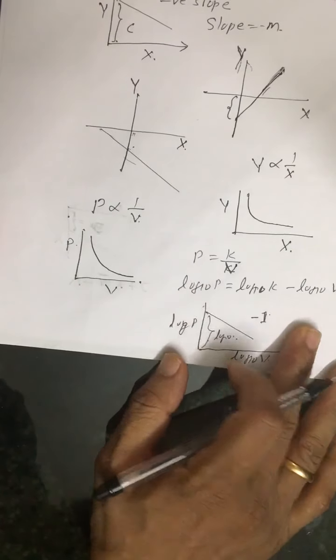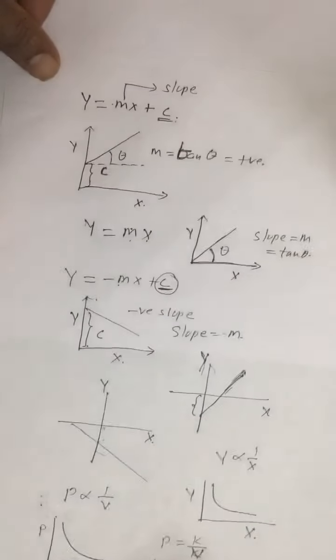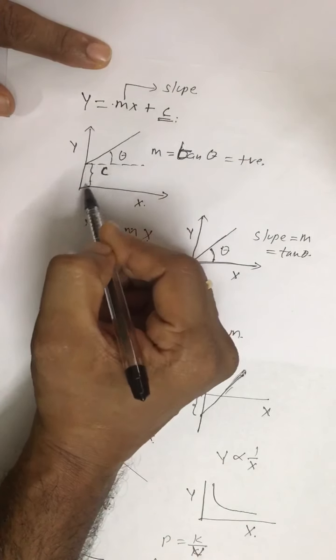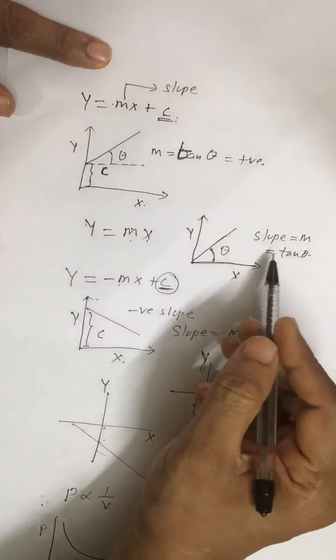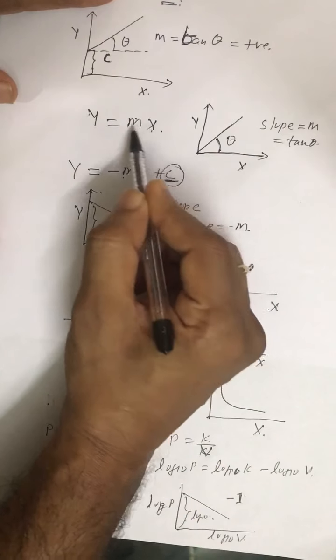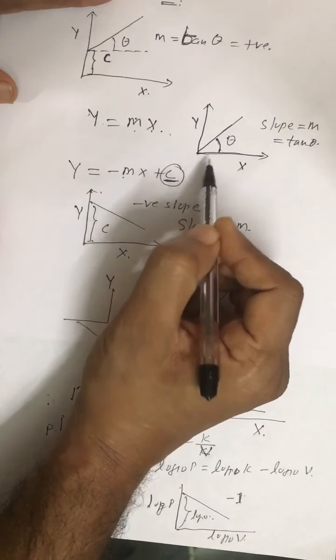So if it is y equal to mx plus c, it is a straight line graph with positive slope and positive intercept. Without intercept, it is a y equal to mx kind of graph.